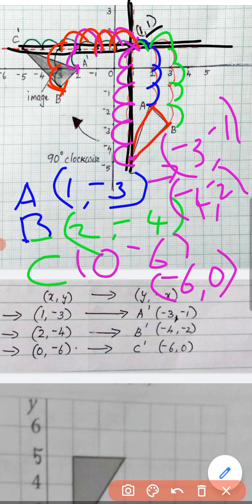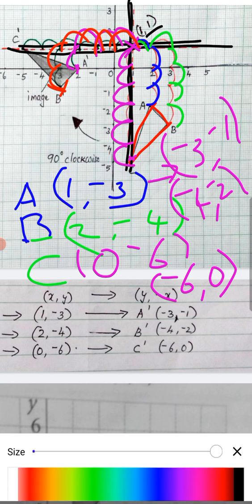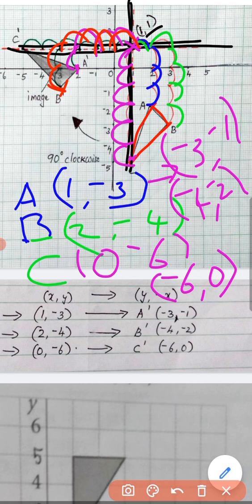Next is negative 6, 0. Negative 6, 0 means here the y coordinate is 0. So this point is on the x-axis, the negative x-axis. Since x is negative, it is on the left side. Always count from the center of rotation, that is 1, 1.